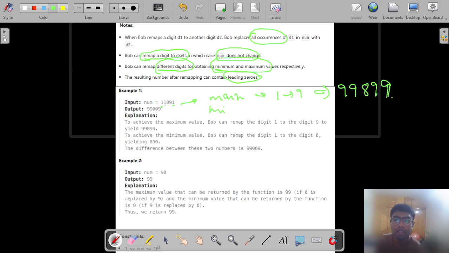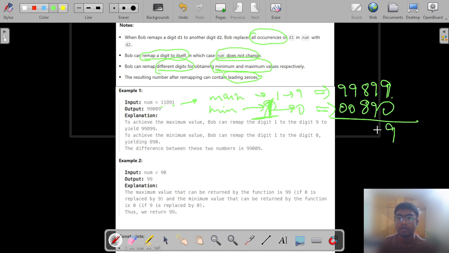If we want the minimum value, then we should replace the 1 with 0, which would make 00890, and the difference of these two will be 90099. Right? So this is the final output that we have here.